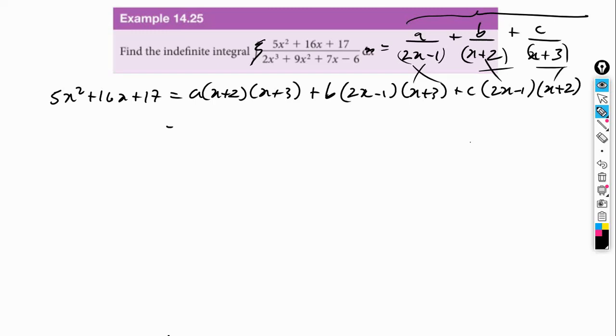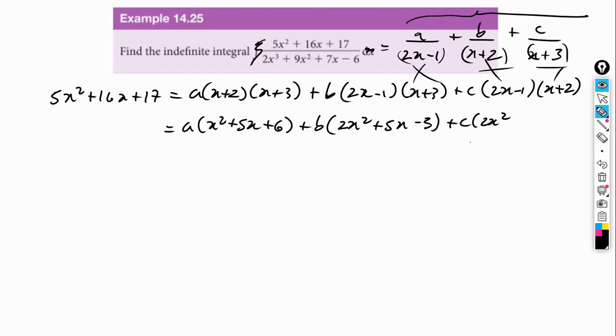So this is going to equal a times x squared plus 5x plus 6, plus b times 2x squared plus 5x minus 3, plus c times 2x squared plus 3x minus 2. And then we're going to expand all this, right?